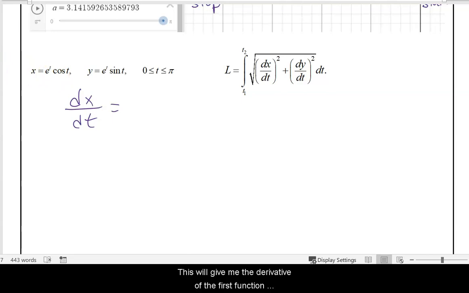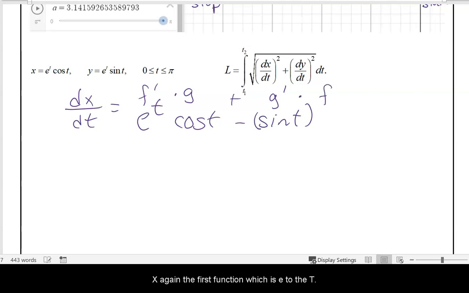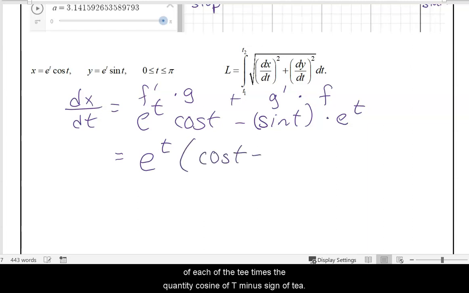This will give me the derivative of the first function, e to the t, which is e to the t, times the second, which is cosine of t, plus the derivative of the second, which is negative sine of t, times again the first function, which is e to the t. I could also write this in a factored form of e to the t times the quantity cosine of t minus sine of t.